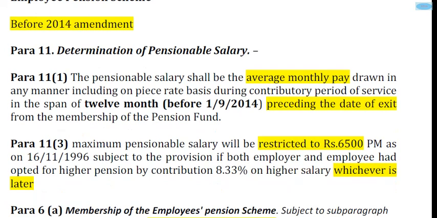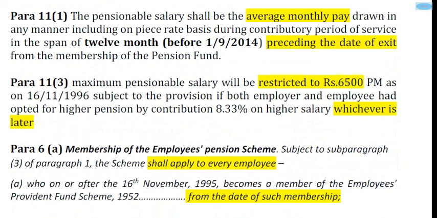And subsequently, in the year 1996, an additional clause was introduced to provide for higher pension. Subject to the provision, if both employer and employee had opted for a higher pension by contributing 8.33% on higher salary, whichever is later, will make them eligible for higher pension.